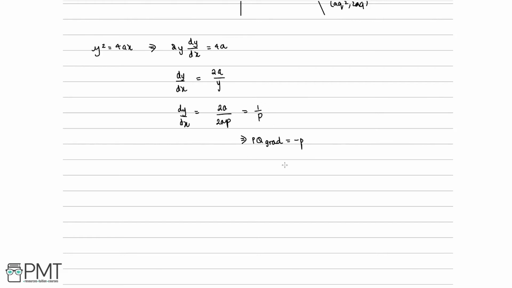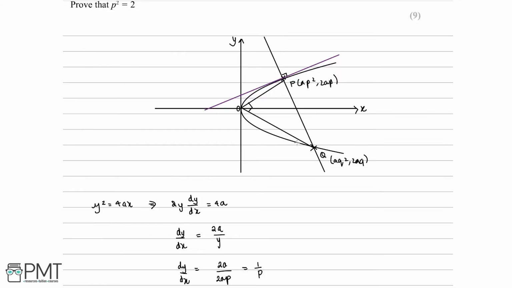Well, now that we have the gradient of PQ, what can we do next? Well, we can actually also find the gradient of PQ another way. Note that we're given 2 points over here, ap squared, 2ap and aq squared and 2aq. And if you're given 2 points on a straight line, you can find the gradient by using the formula y2 minus y1 over x2 minus x1 is equal to the gradient.